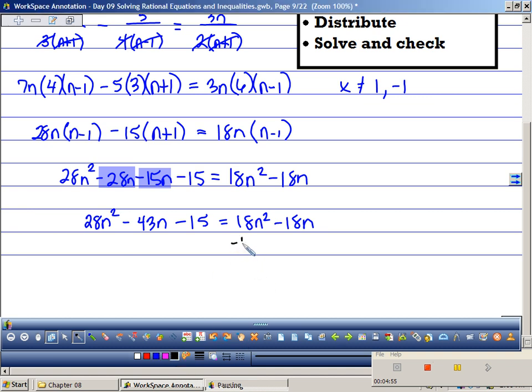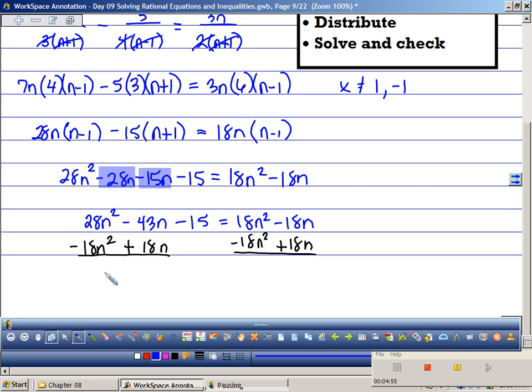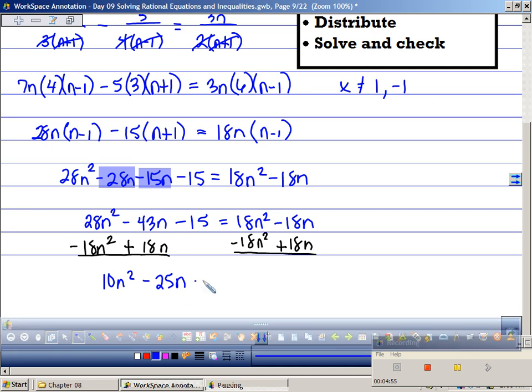Then I'm going to subtract 18n squared and add 18n to both sides. And I'm left with 10n squared minus 25n minus 15 equals 0.